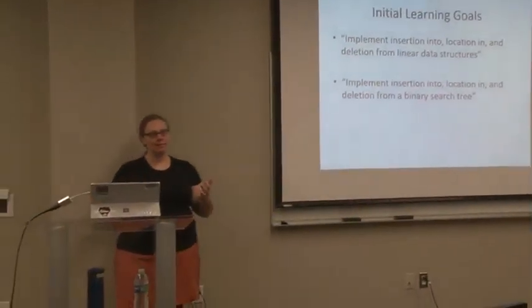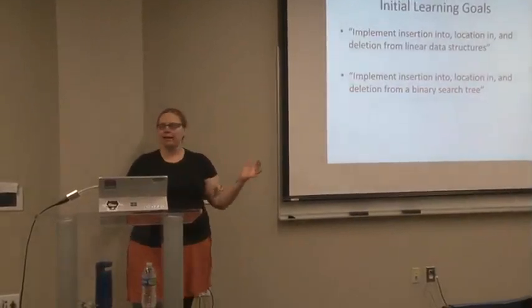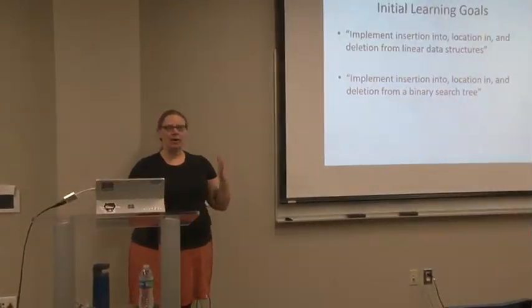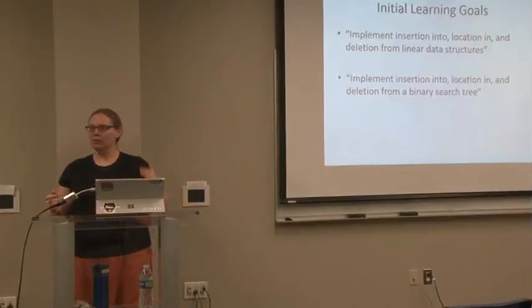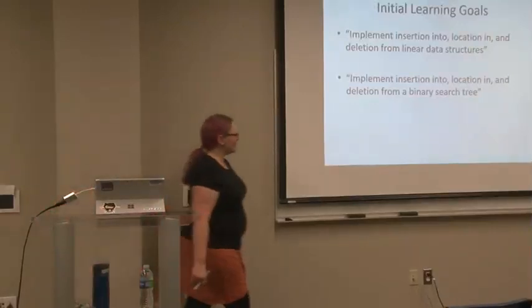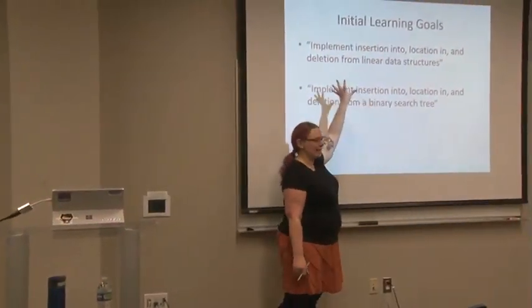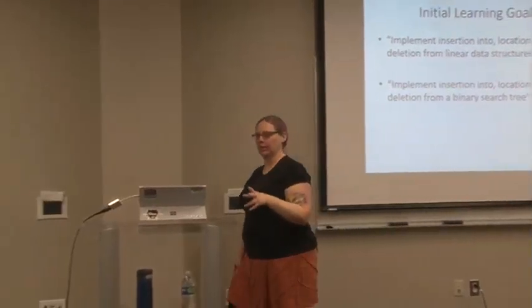And we saw the same thing for debugging or algorithm analysis. We had all of these learning goals where they basically looked the same, and we could just swap out the name of the data structure in our learning goal.